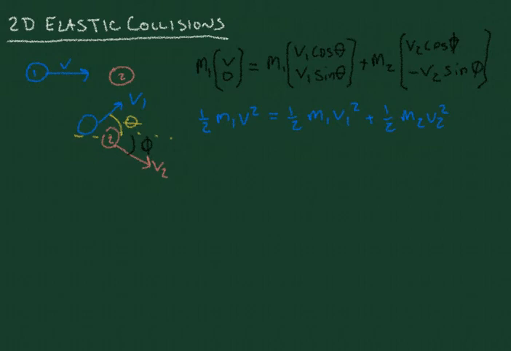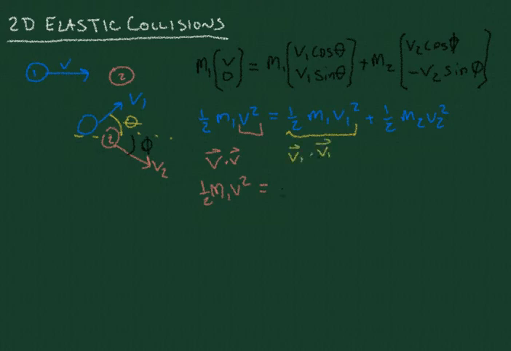The only thing that we'll note in this is that this v squared, remember, is really v dot v. So for the left side, we really have a 1/2 m1 v squared. But we notice for this term, the v1 squared is v1 dot v1.